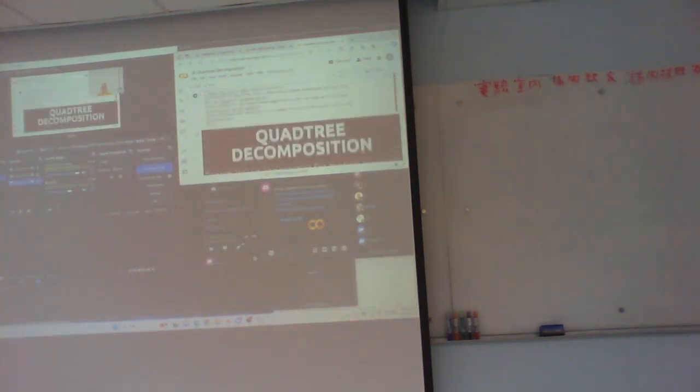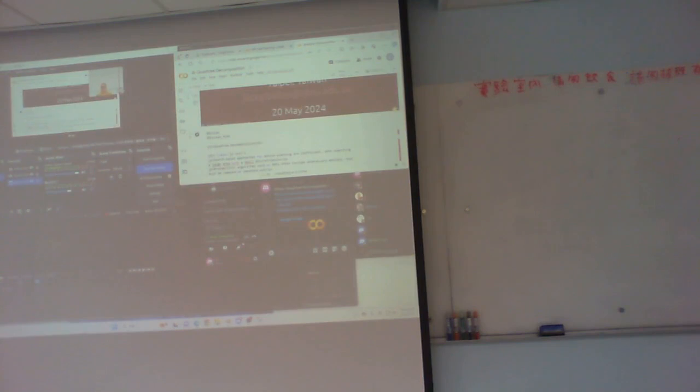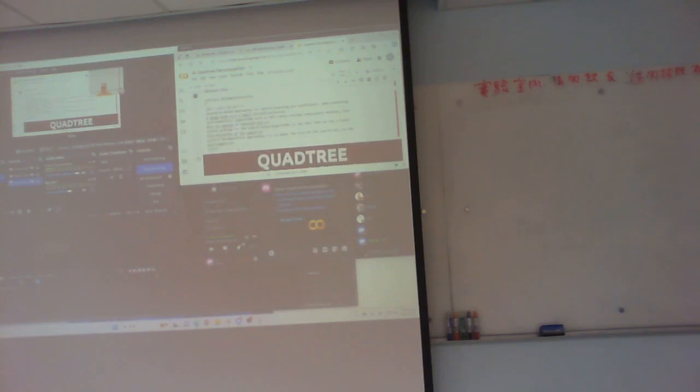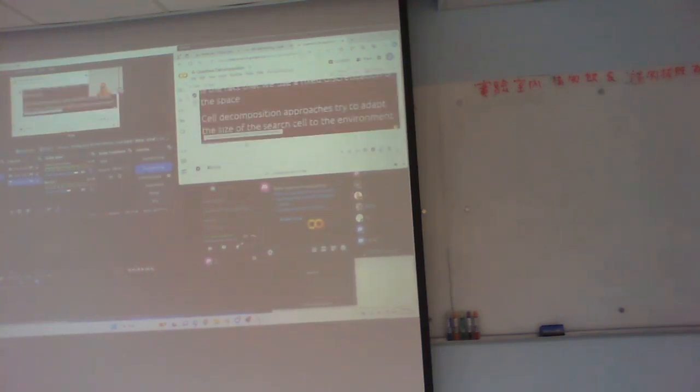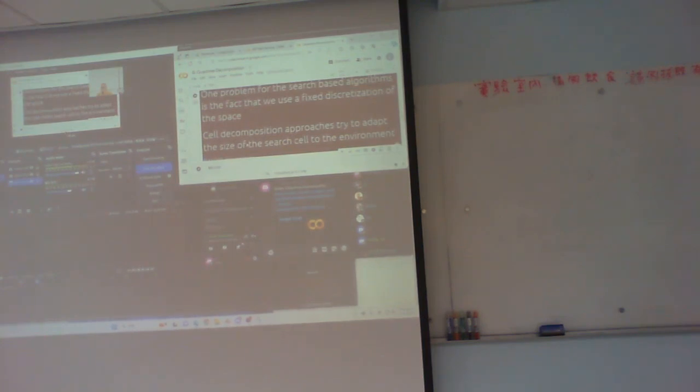So cell decomposition tries to avoid the main issue with search-based approaches by allowing us to adapt the size of the discretization, the size of the cell that we search through.